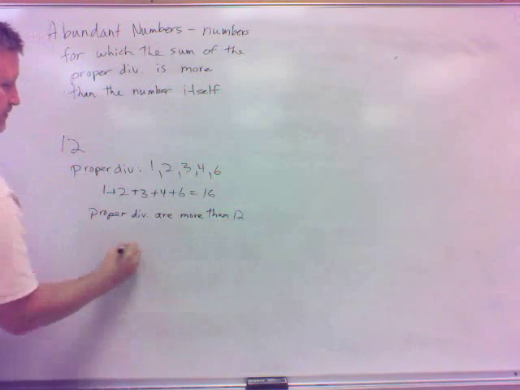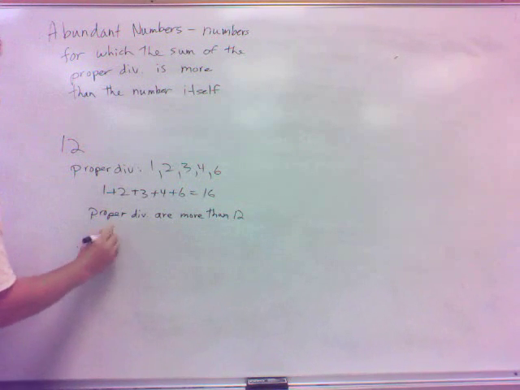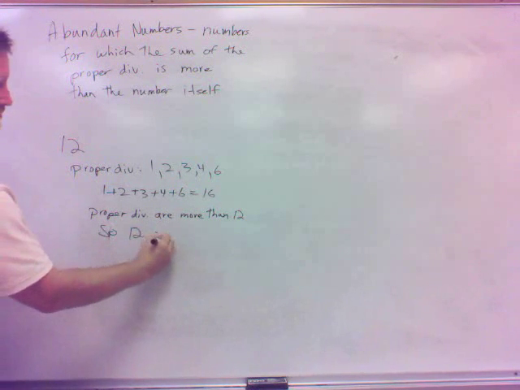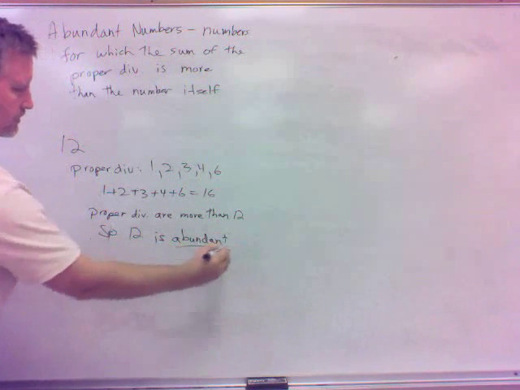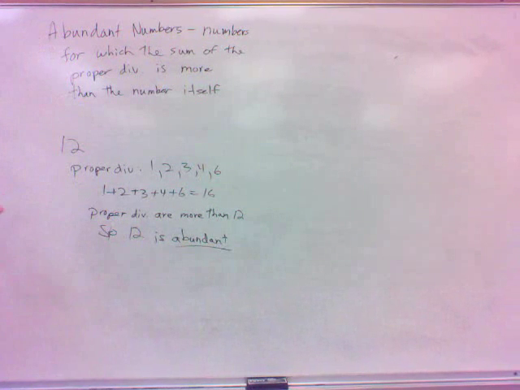That's abundant. Okay? So if the proper divisors equal the number itself, it's perfect. If the proper divisors are more than the number itself, it's abundant.